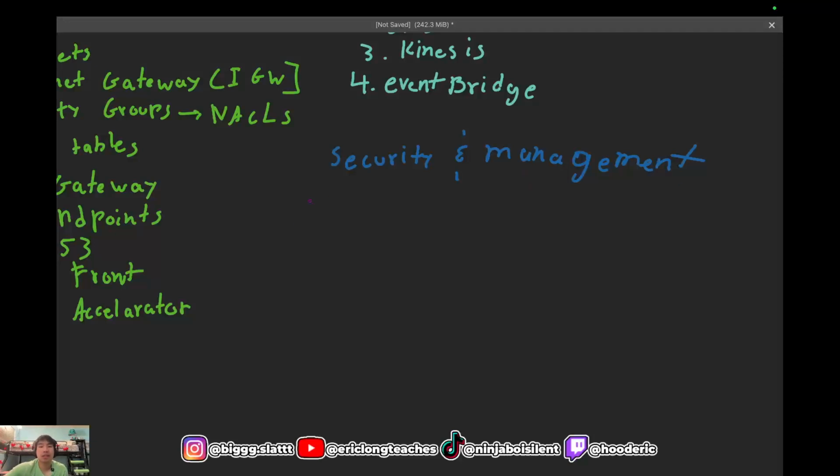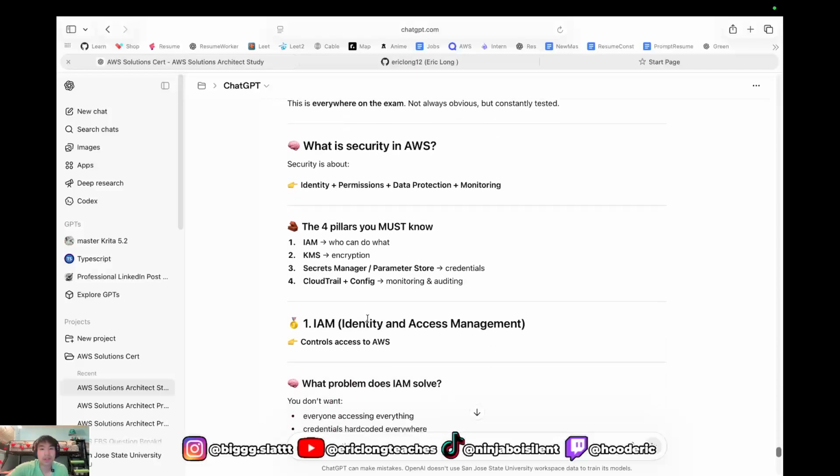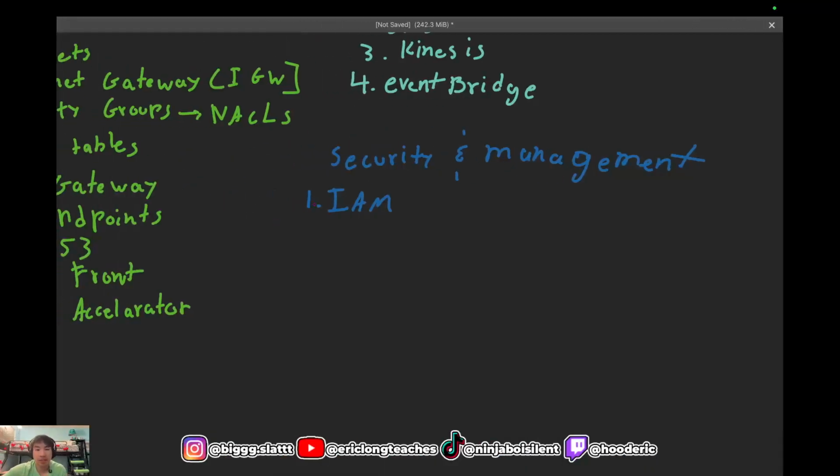Okay, so I want to say the first one is IAM. I think it has different categories such as roles. I'm going to say KMS.